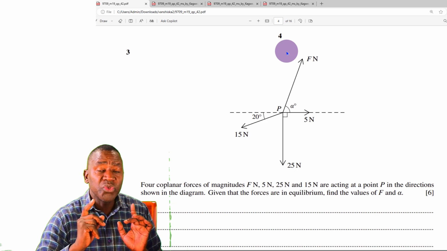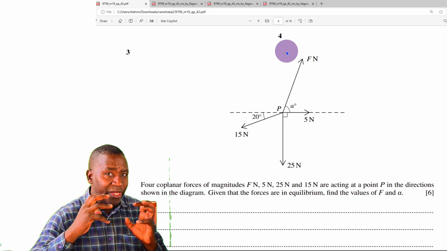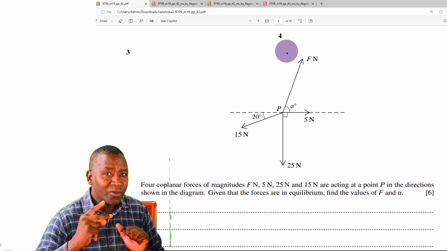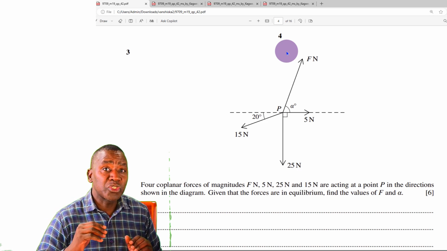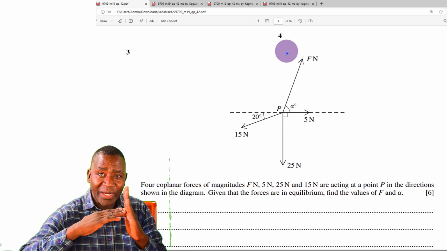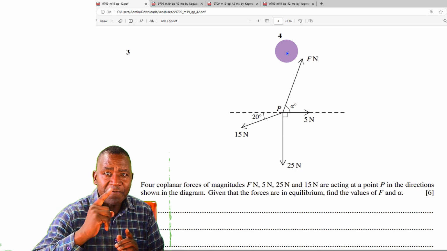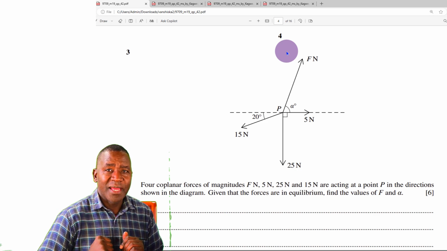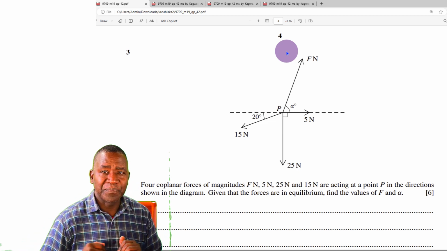Whether you are going to use the second component or not, make it a habit that when you resolve a force, always resolve it how many times? Twice. And the 2 directions in which you resolve that force must be perpendicular to each other. Resolve every force twice, and the 2 components must be perpendicular to each other.